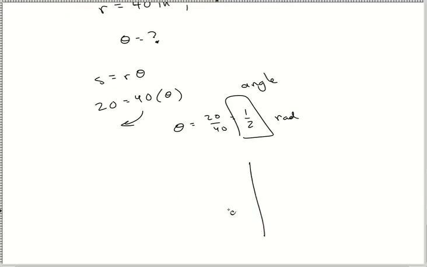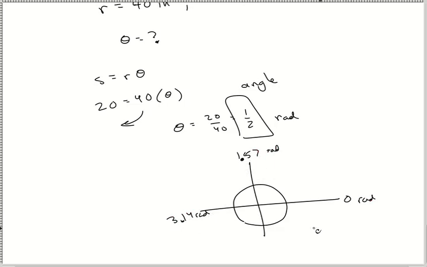I don't know exactly where 0.5 radians is. It's not as easy as degrees. Just real quick, decimal mode for a little bit. This is 0 radians. This is 1.57 radians. This is your pi, 3.14 radians, and so on and so forth. So where is 0.5 on this circle?